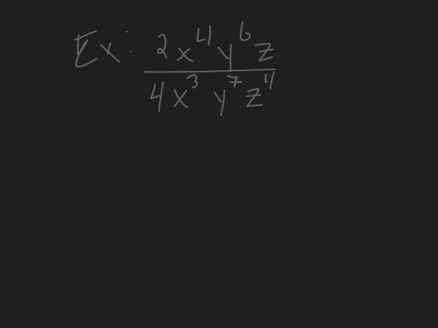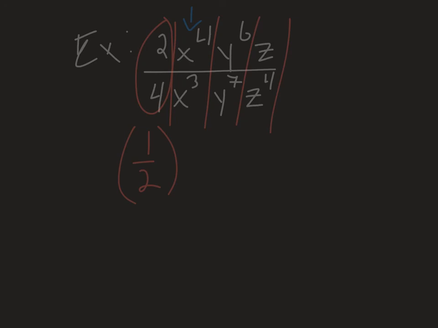So let's say we wanted to simplify this expression that's before us here. If we're looking at this, I'm going to divide it up into pieces. We're going to look at the numbers themselves. If I'm looking at just the 2 over 4, that reduces to a half. Cool. And then if I'm looking at just the x's, I can still subtract the exponents.